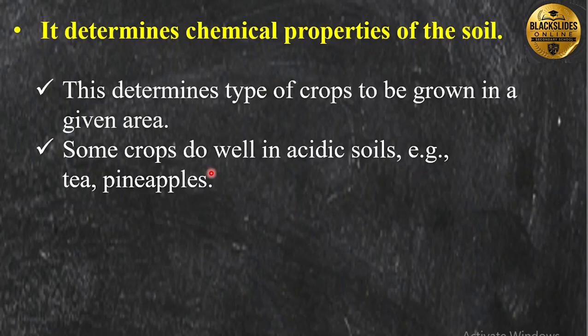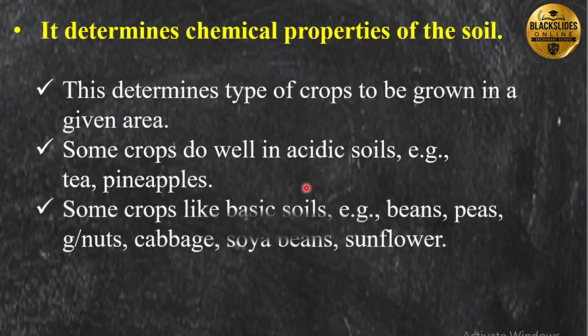Some crops do well in acidic soils, for example, tea and pineapples. That's why tea and pineapples do well in places like Churu and Mulanje. The soils there are acidic soils. Some crops like basic conditions, for example, beans, peas, groundnuts, cabbage, soya beans, sunflower.